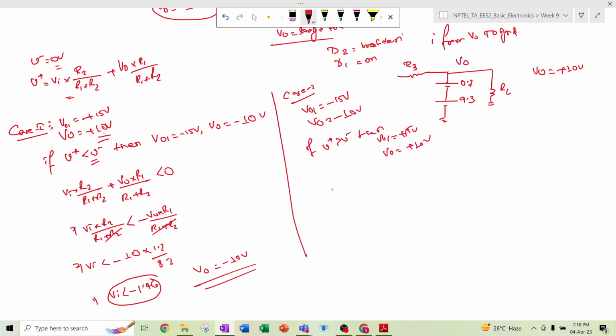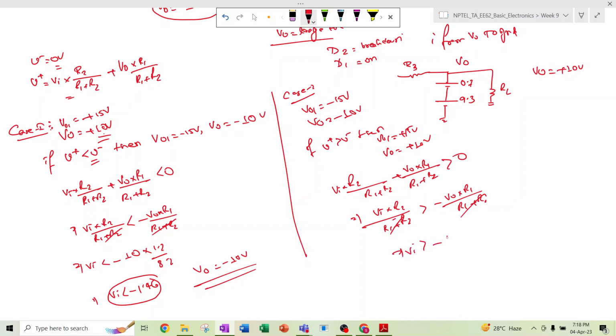So the condition is Vi into R2 divided by R1 plus R2, plus VO into R1 divided by R1 plus R2, should be greater than 0. So Vi into R2 divided by R1 plus R2 should be greater than minus VO into R1 divided by R1 plus R2. These two cancel out, so now Vi should be greater than minus VO into R1 by R2.